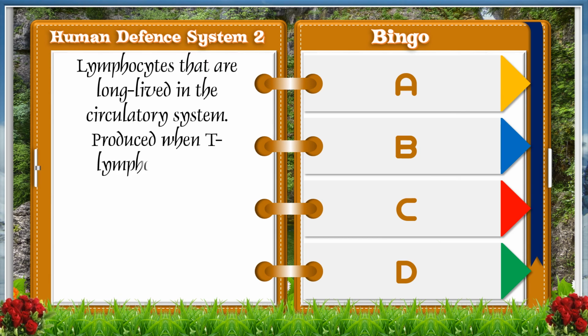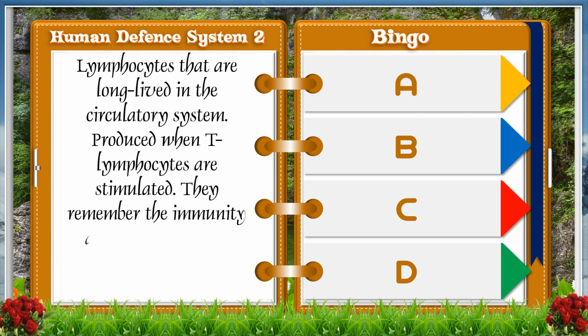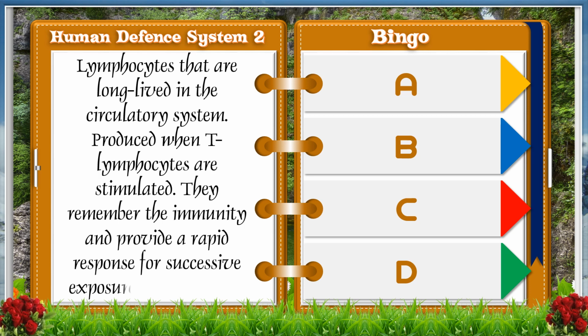Lymphocytes that are long-lived in the circulatory system, produced when T lymphocytes are stimulated. They remember the immunity and provide a rapid response for successive exposure to an antigen.